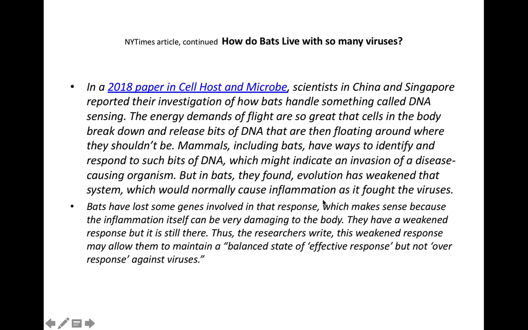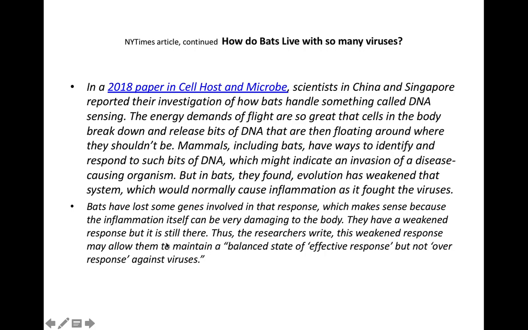And again, you guys are going to make a big deal about this: sometimes we have an exaggerated immune response, like an inflammatory response that goes out of control, and it's the immune response that can often end up killing us. And they think possibly that's what's going on, at least with some of the victims of COVID-19, right? So bats, because they're always generating these bits of DNA from flight, have evolved, they've lost some genes involved in that response, which makes sense because the inflammation itself can be very damaging to the body.